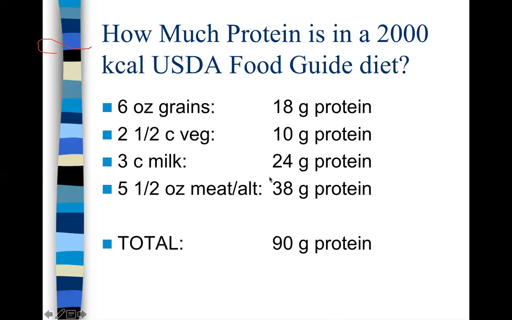Milk tends to have about 8 grams of protein per serving. And then meat or meat alternate, which would be like tofu or textured vegetable protein, etc., tend to have about 7 or a little bit higher grams of protein per serving. So you can see during this day, this person did consume meat and dairy, which are maybe obvious sources of protein, but they also got a significant amount of protein from their vegetables and grains.